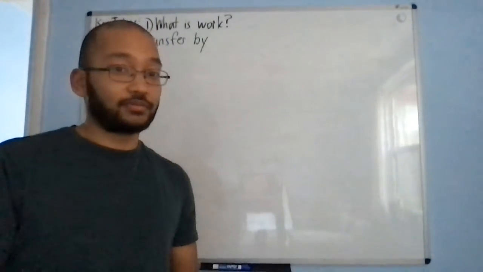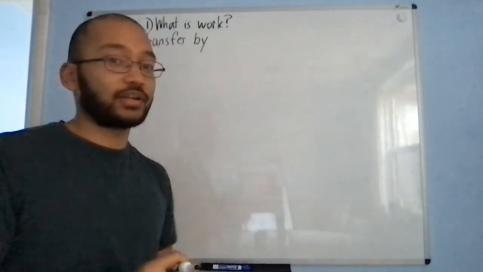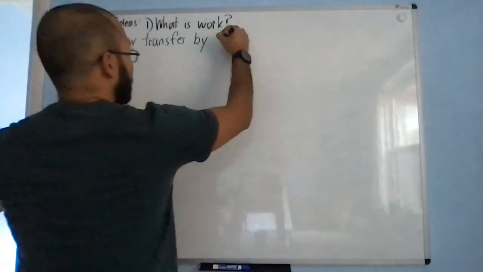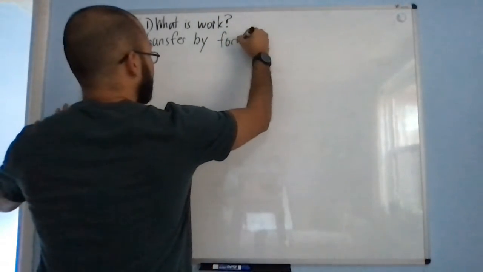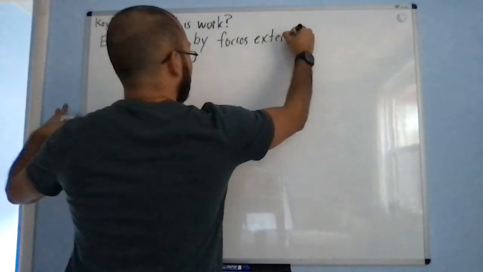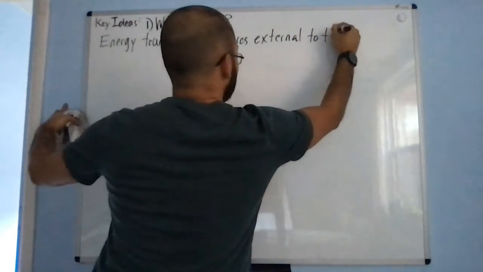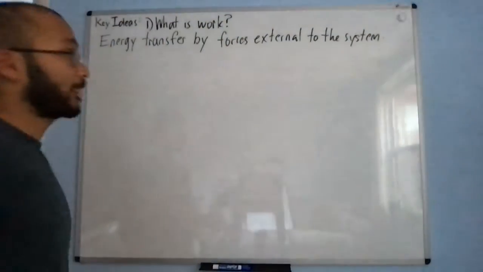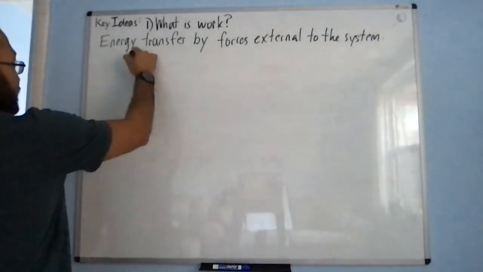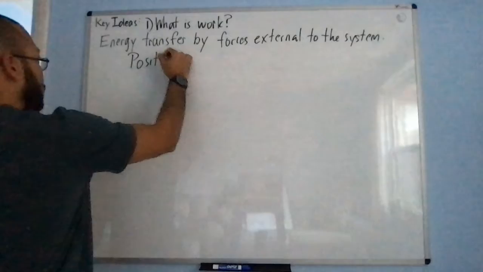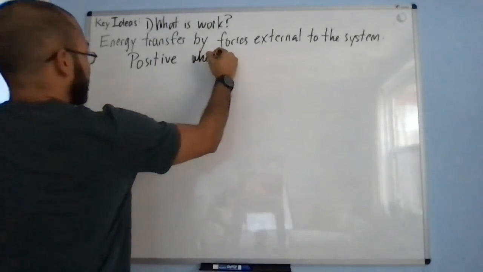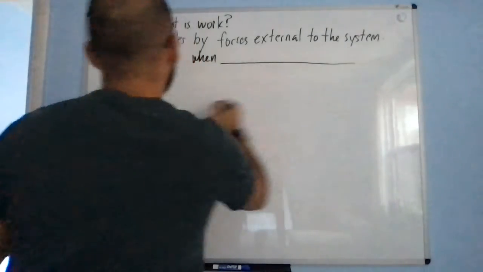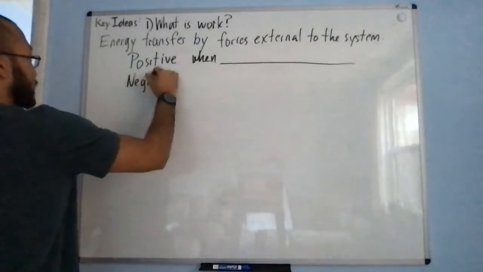Okay, so to summarize, what is work? It is energy transfer by forces external to the system. And there's two key ideas: it's positive when, and it's negative when.